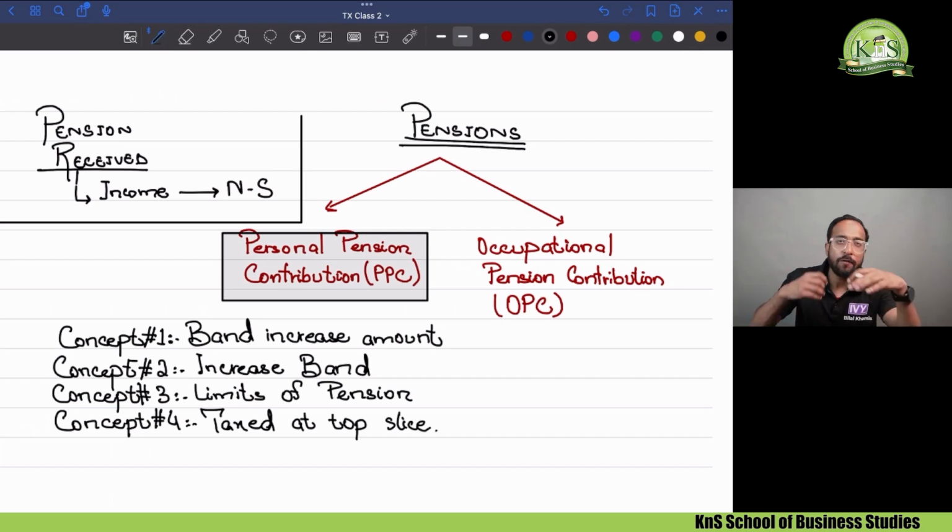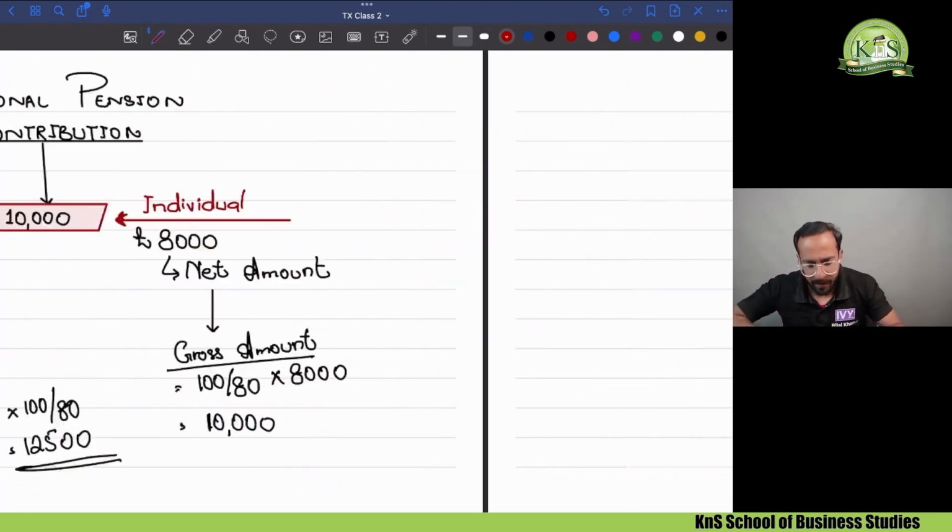These are the names of the concepts. Today I will be explaining the concept number two, that is increase band. For that I would like to go for a very good example in which we will be tested on all the rules which we have learned till now. Let's go for the best example.